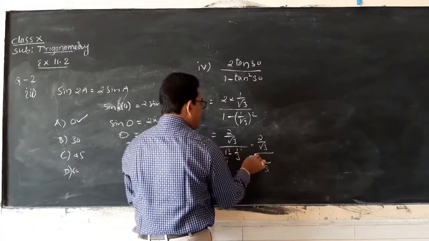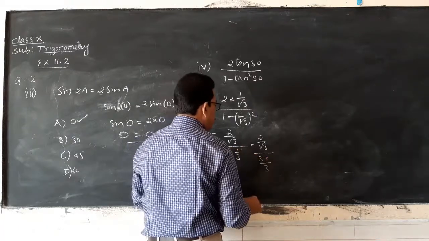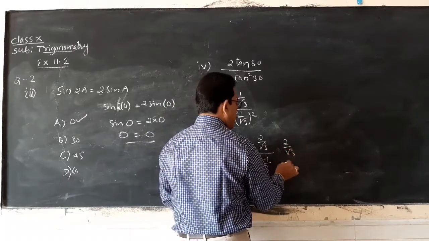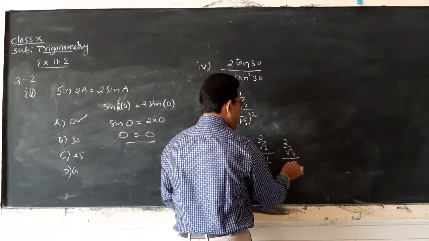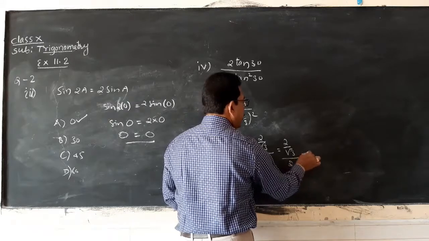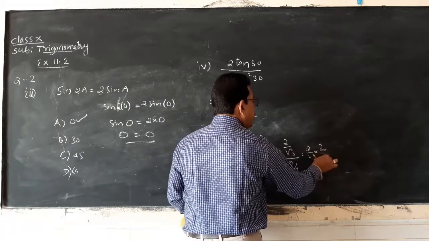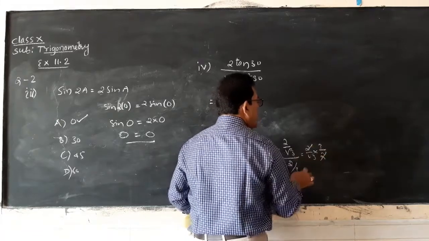3 minus 1, which is equal to 2 by 3. The whole 2 by root 3 divided by 2 by 3, that is 2 by root 3 into 3 by 2. 2 cancel.